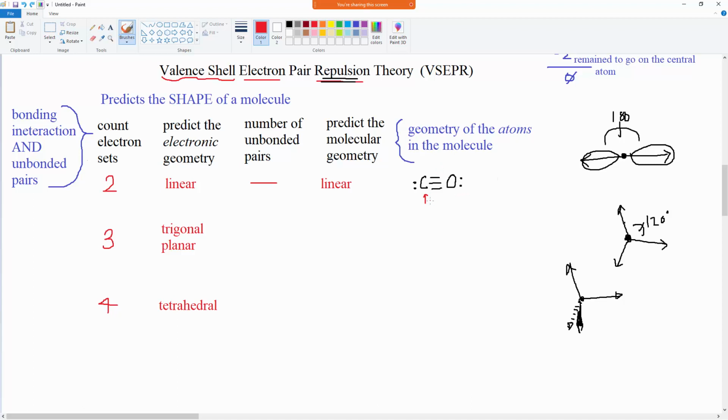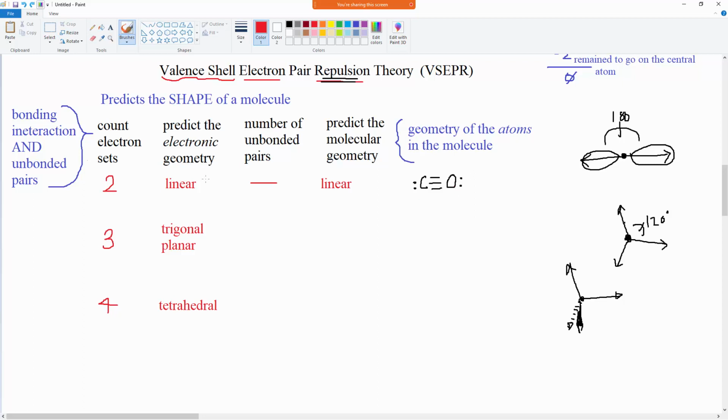Around this position, this electron set takes up some space, and it's linear around that position. But it doesn't matter whether I have 1 unbonded pair or none. Now I just have 2 atoms left and 2 points define a line. So this is linear as is, and we'll do some more examples as well.